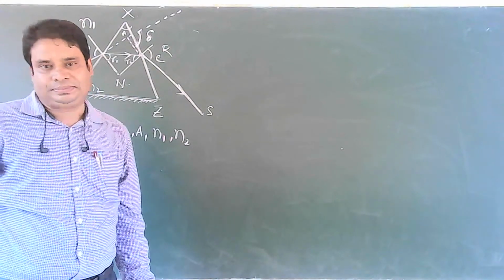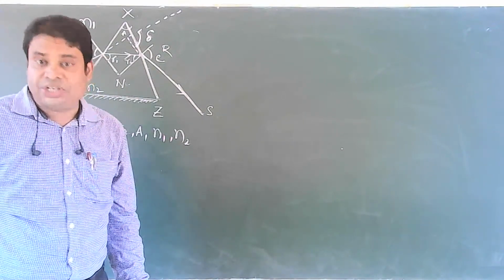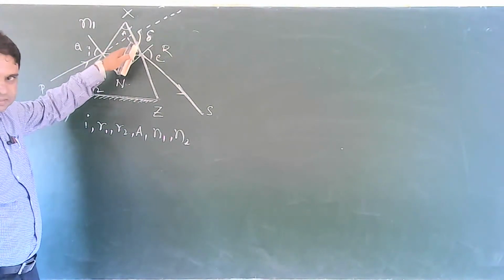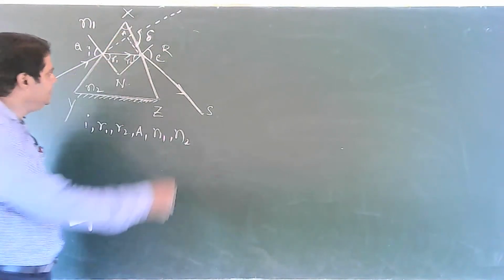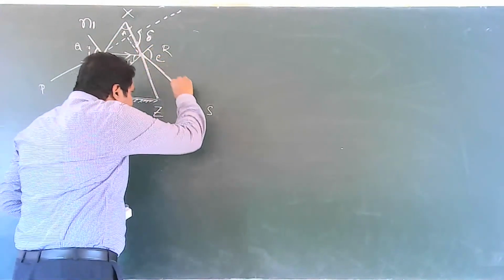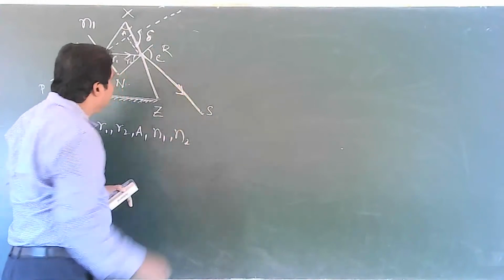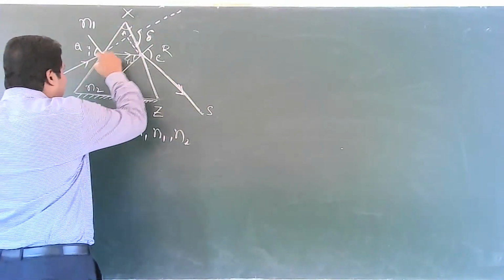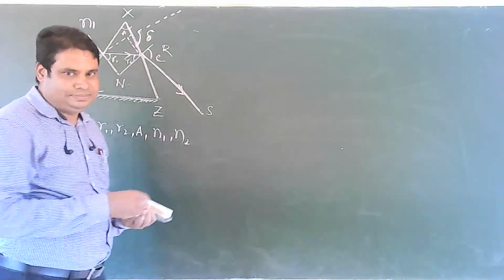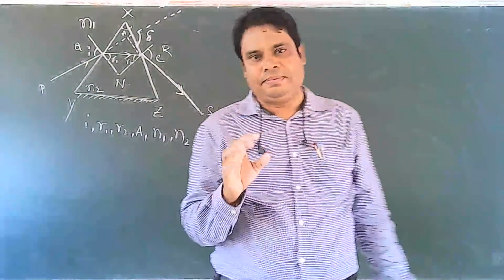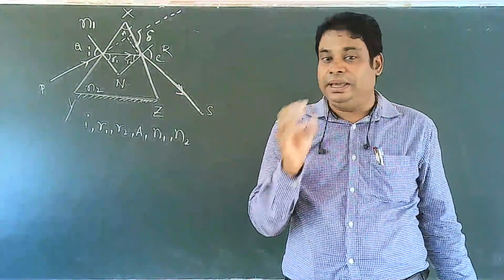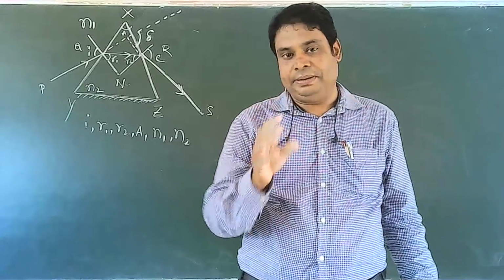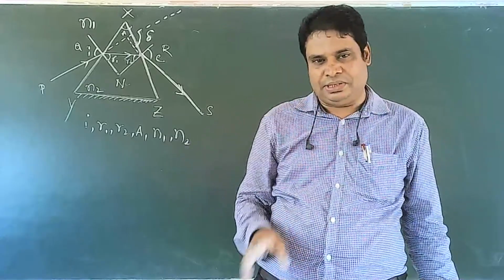What is deviation here? Deviation is the angle between the refracted ray and the incident ray extended. We observe here the deviation produced due to refraction of light by two different surfaces.